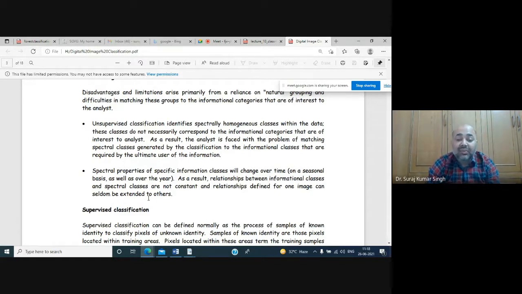Many times if you have classified an image and you want to use this logic on images of other seasons or over a decade, the logic or the combination on the basis of which we are classifying the data cannot be the same for each and every year. So the classified image we are going to generate may not be of the informational value that we are expecting.